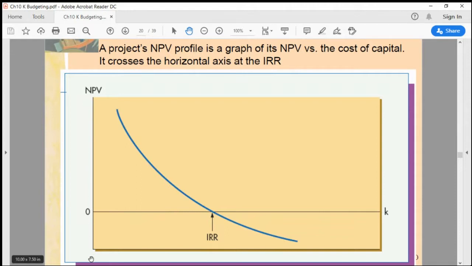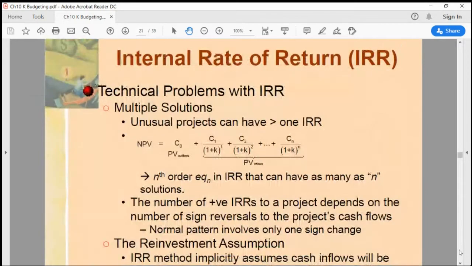The vertical axis represents the net present value. So when internal rate of return is equal to cost of capital, then net present value is 0, right? Because they break even, in terms of present value. Okay. So that's what is called net present value profile.